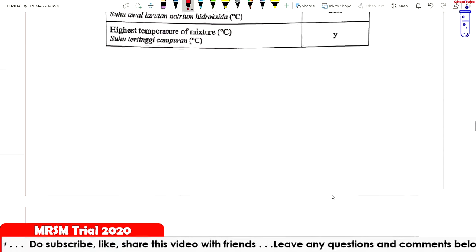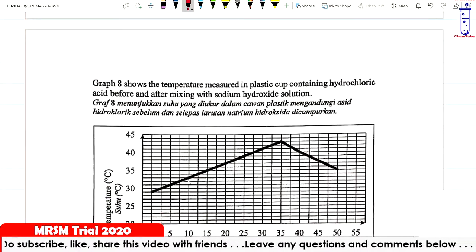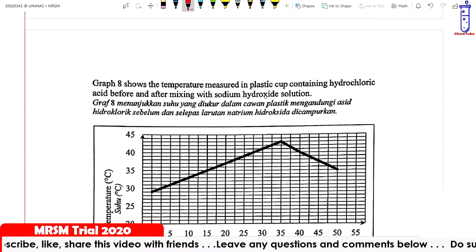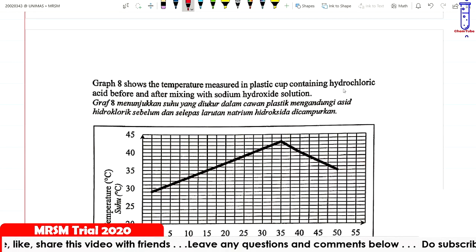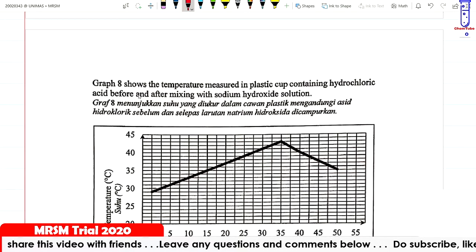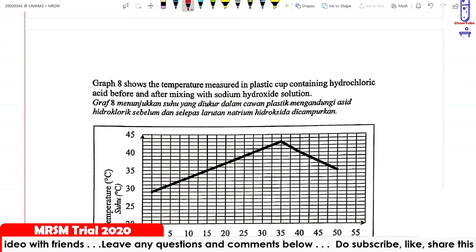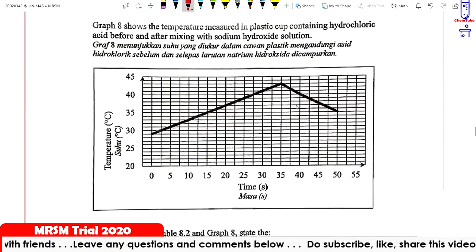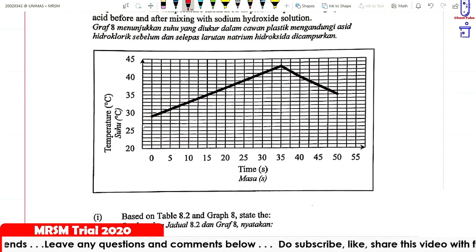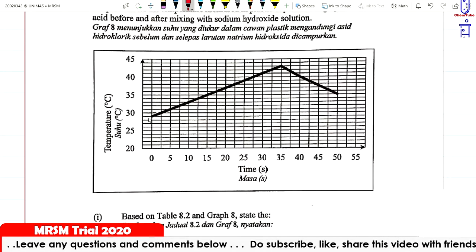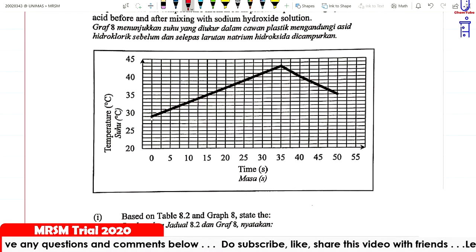Okay, so you can see here the graph shows the temperature measured in the plastic cup, before and after mixing with sodium hydroxide. This is 28.